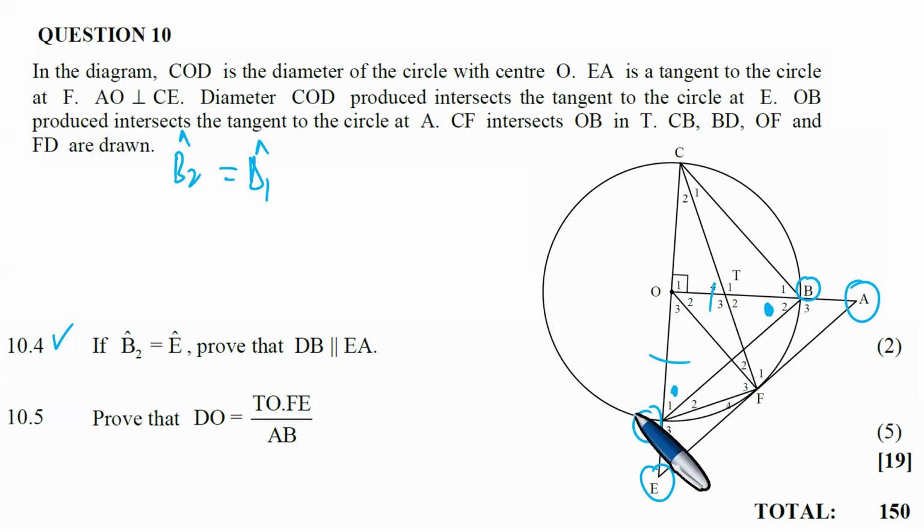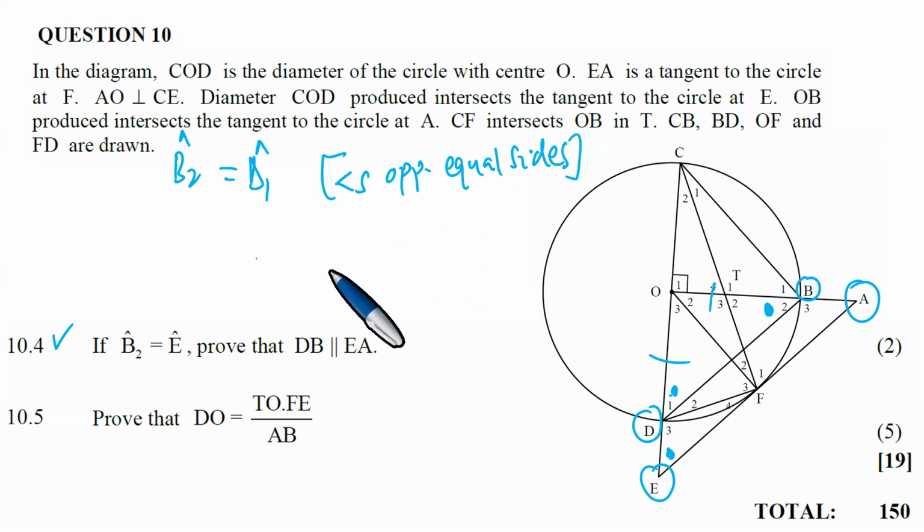This is a radius and that's a radius. So these are actually angles opposite equal sides. Angles opposite equal sides. So that B2 is equal to D1. But we've been told here that B2 is E.